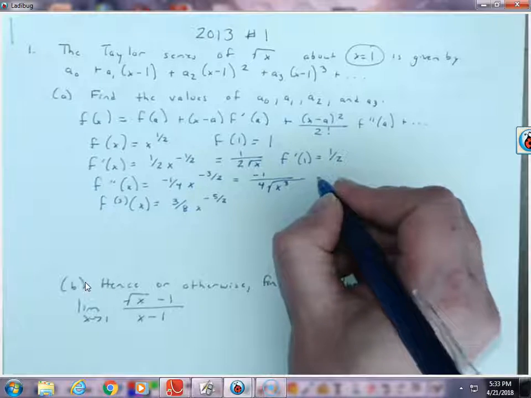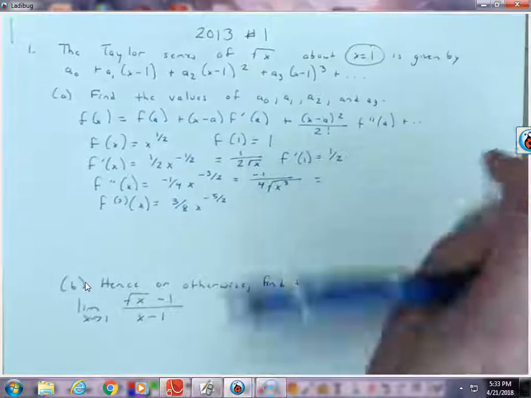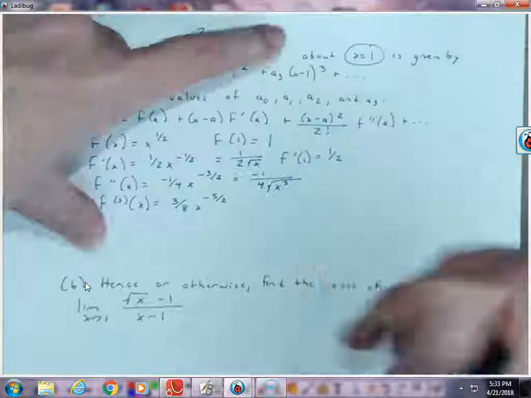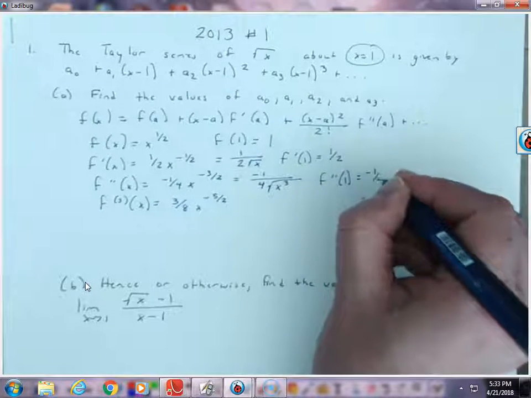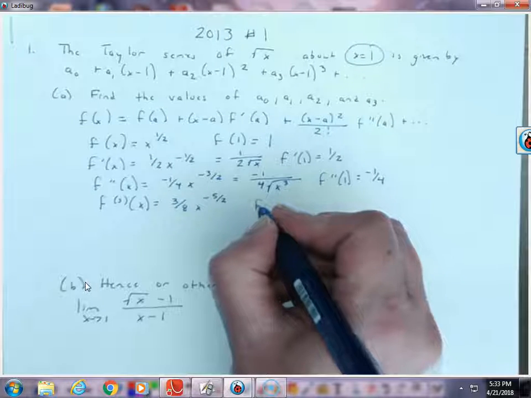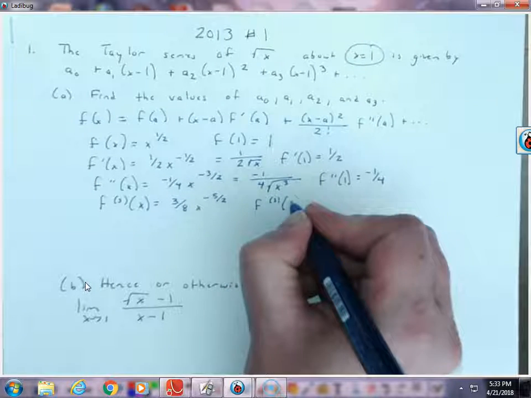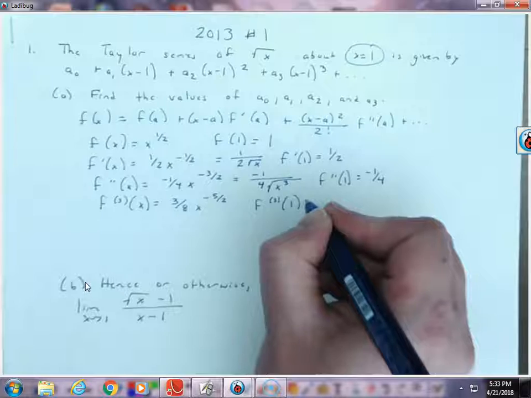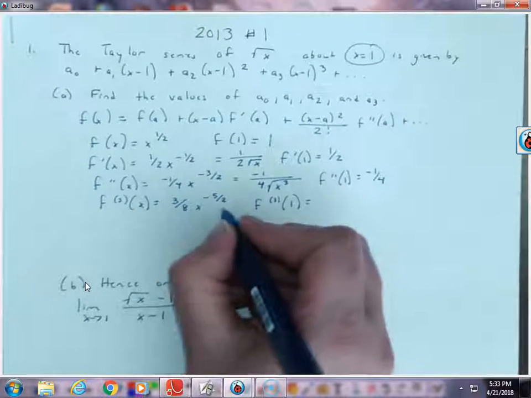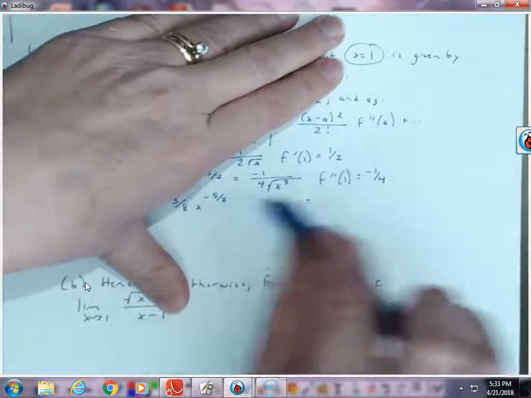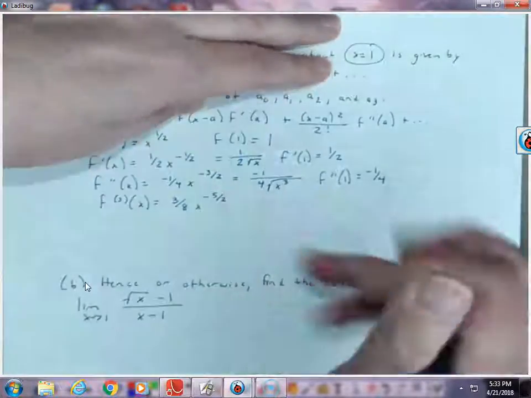Remember that the top number tells you what you're raising it to, the bottom number tells you the root. Okay, and so if you substitute 1 into here, this would be f double prime of 1, and that would just be negative 1/4. And then finally, the third derivative evaluated at 1. I guess I could have moved it around a little bit here.